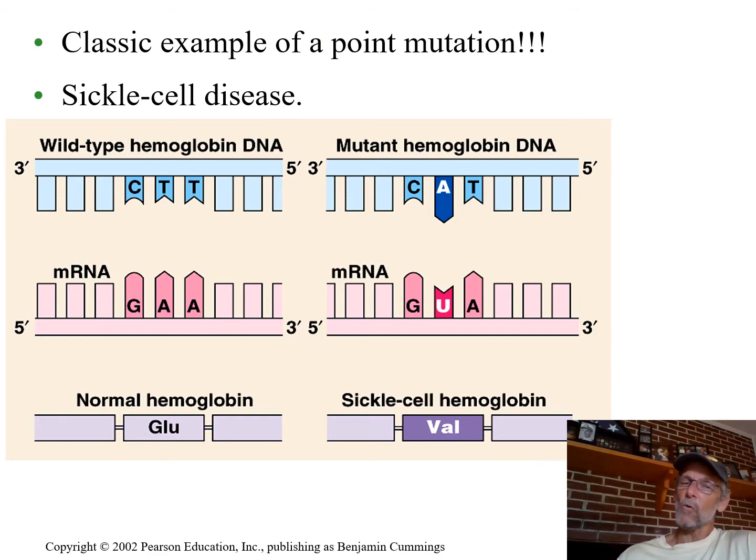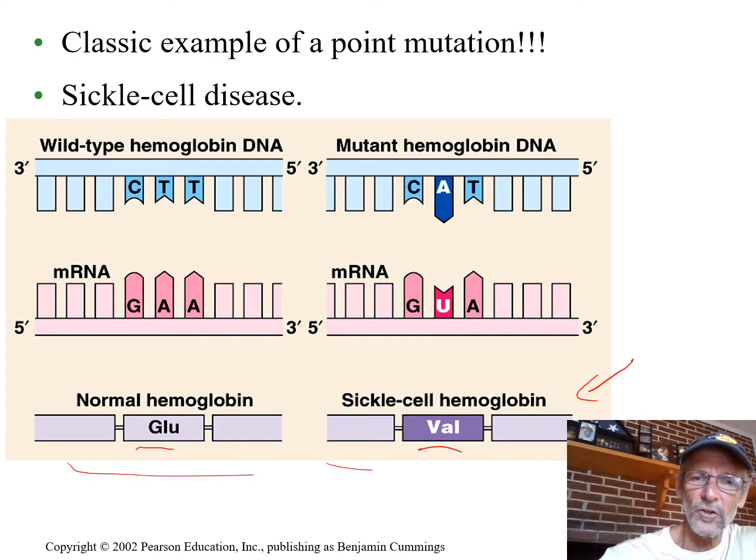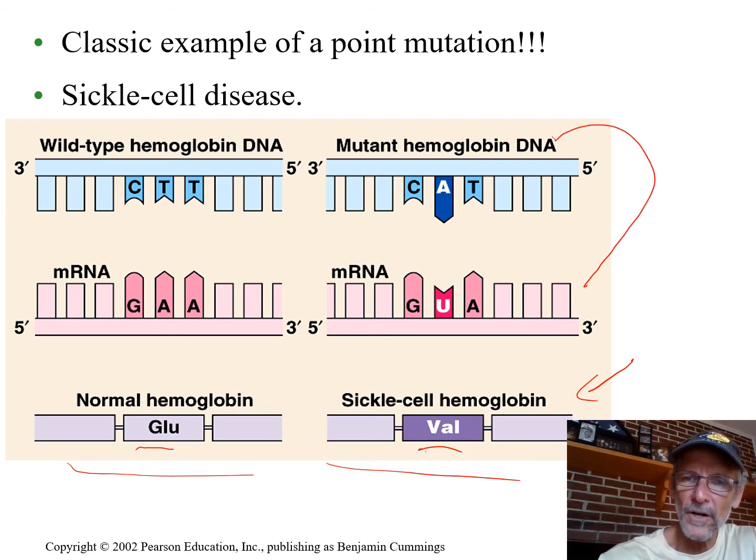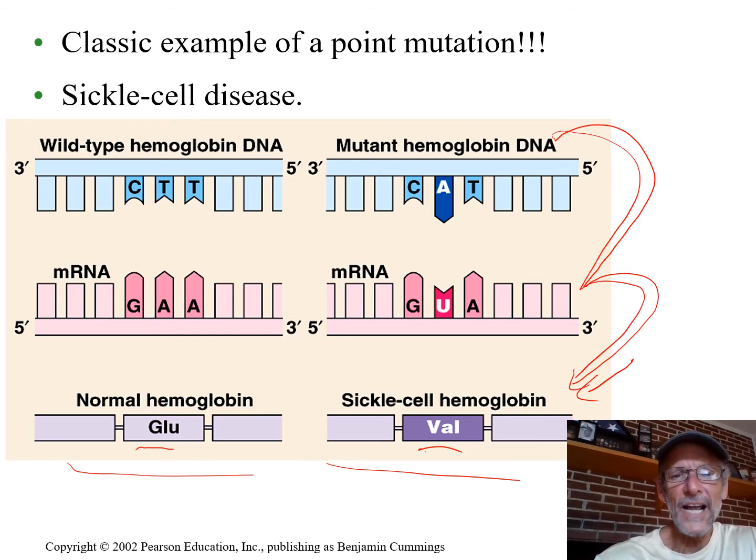Okay, so now we're back to sickle cell and hemoglobin again. Remember, we already saw it as a classic example of how one change in the primary structure of a protein can produce a deadly disease. Now that we understand that this protein gets put together based on recipes that start with DNA being used to make RNA, being used to make protein, transcription, translation, we see that the change in the DNA that resulted in this one amino acid difference was just one base.